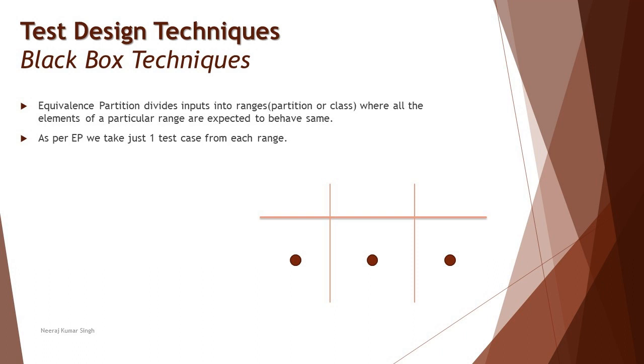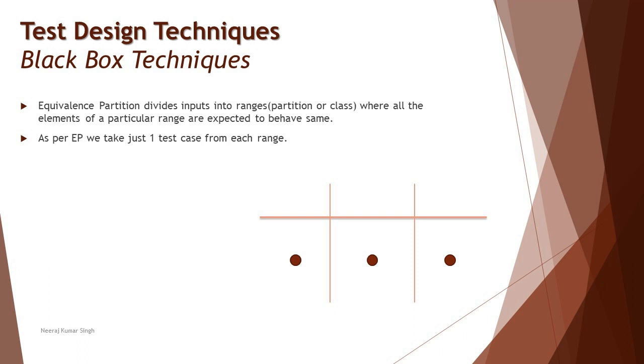And they say that the ticket can be booked only on weekdays, but not on weekends. Right here is a very simple scenario where I can create two different ranges. One range, Monday to Friday, and a second range, Saturday and Sunday. Because Monday to Friday, you can book a ticket, but Saturday, Sunday, you cannot book a ticket.